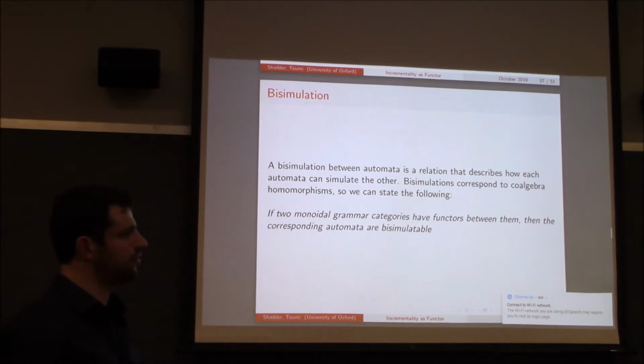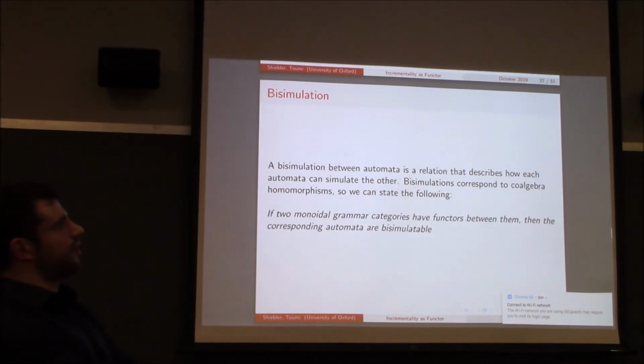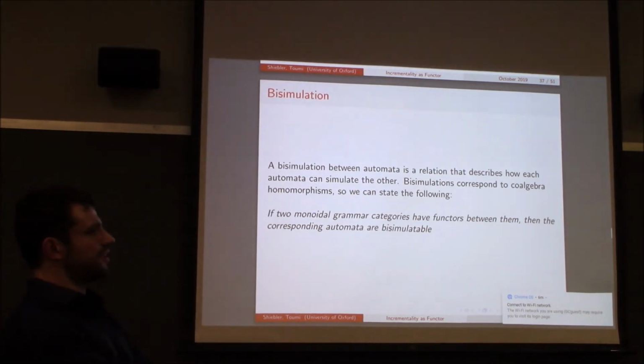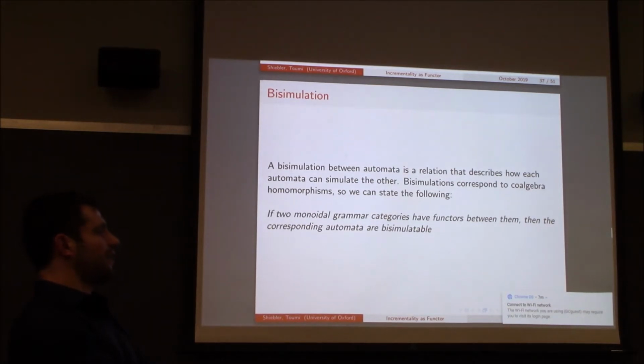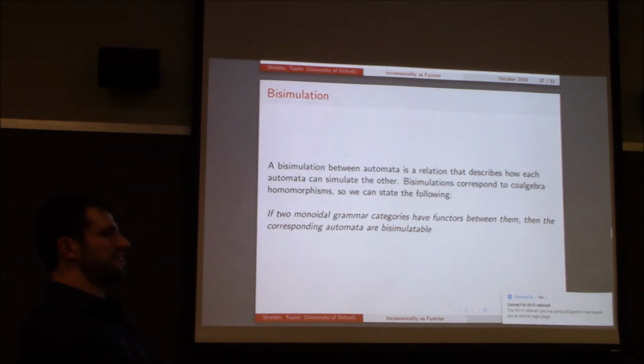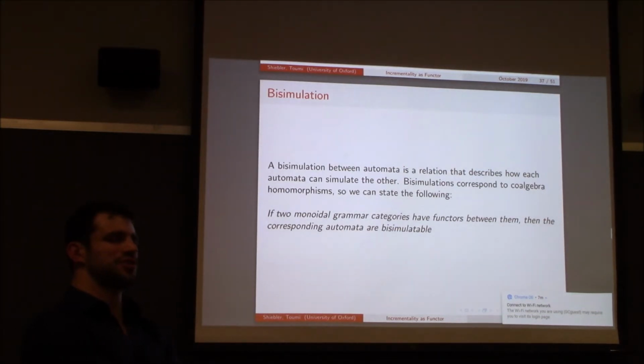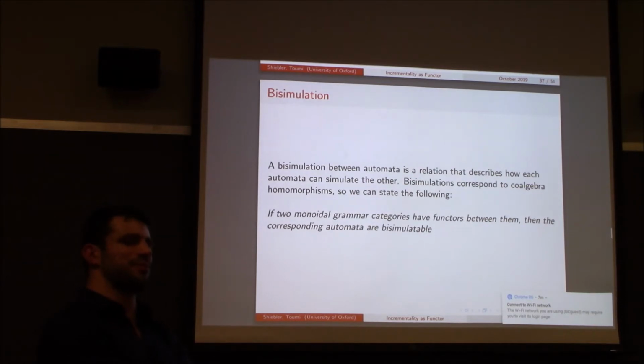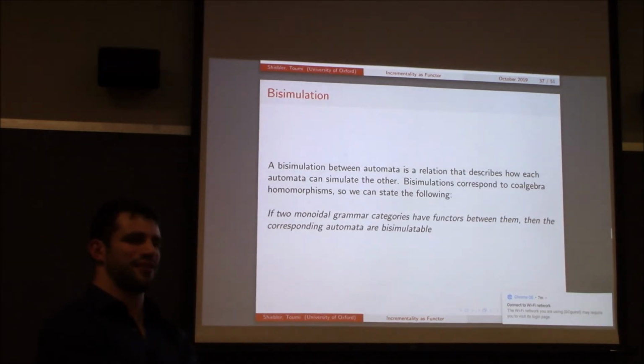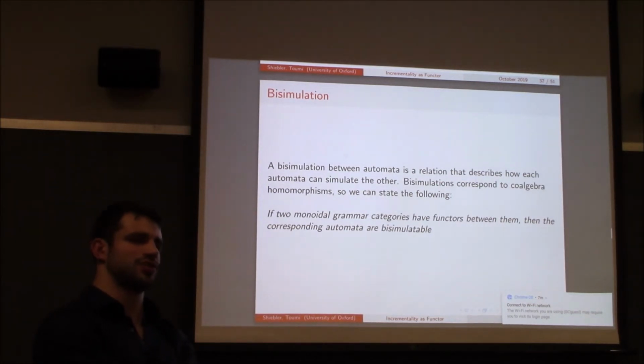Yeah. What part of this says to me is that a reverse construction, a functor that goes in the opposite direction, will tell us a lot about what information exactly this construction is providing about the automata.